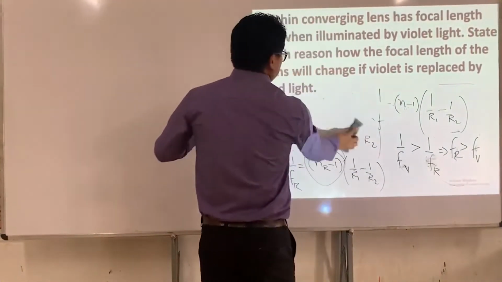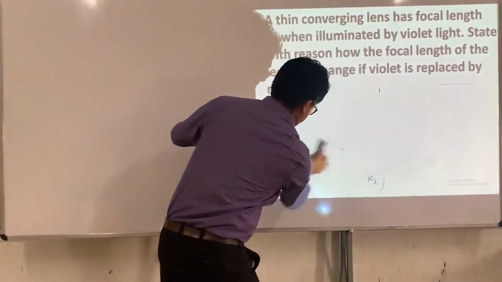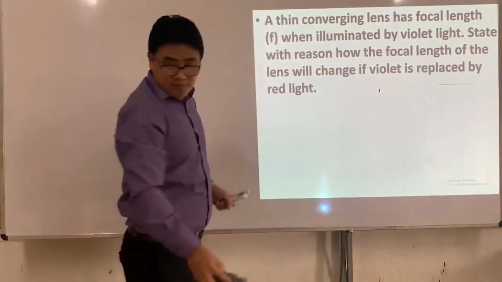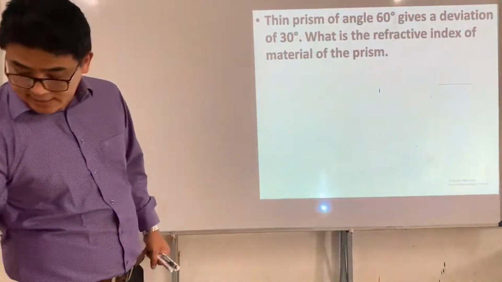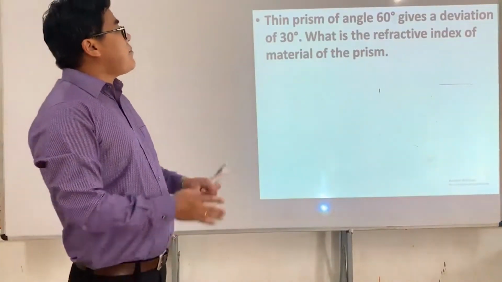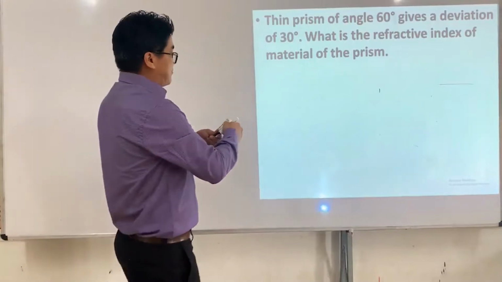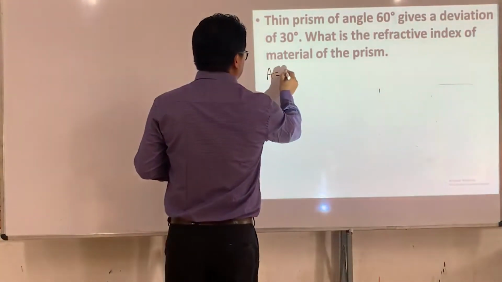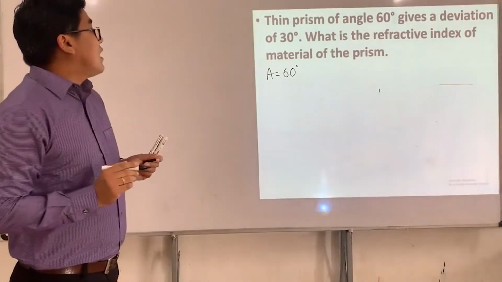Now going to the third problem. The third problem says that a thin prism of angle 60 degrees, that is the angle of prism. So the angle of prism is 60 degrees, I'm writing the given part.